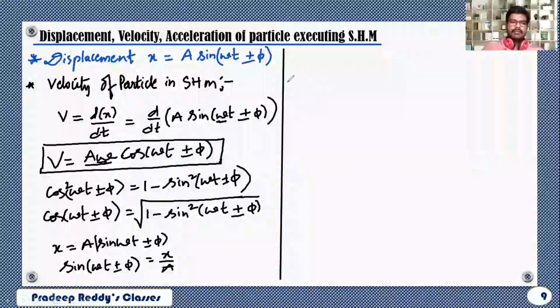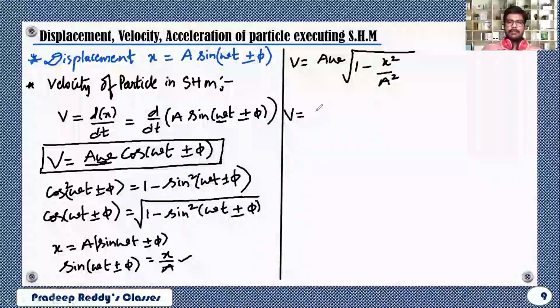You can just write it as v is equal to a omega cos omega t plus or minus pi, which can be written as under root 1 minus sine square omega t plus or minus pi, where sine is x by a, that is x square divided by a square. So v can be written as a omega under root a square minus x square.